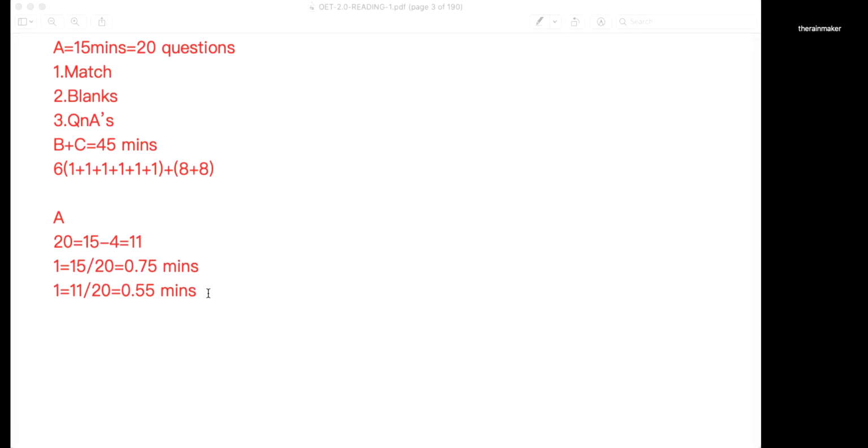Now, let me tell you that part C is the most complicated, in my opinion. Why? Because A will be direct. B will also be kind of direct because the size of the text that you have to read is not too much. But in part C, you have to read a lot, right? And remember what I told you, the secret of passing the reading is to not read. It's ironic, isn't it?